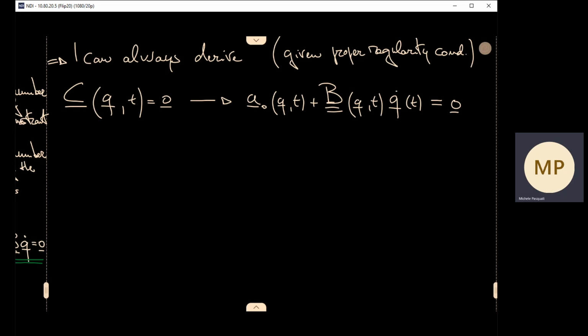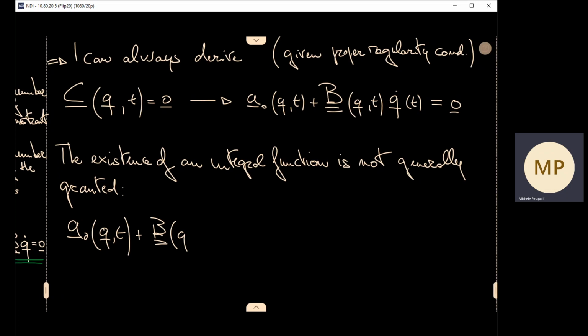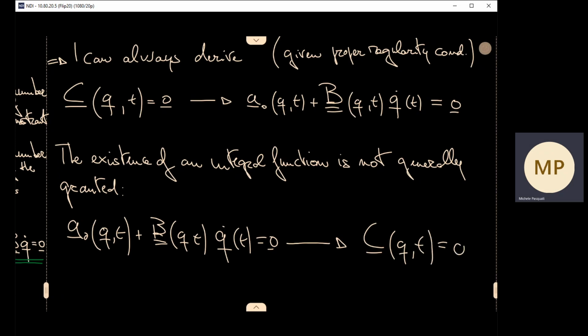The existence of an integral function instead is not always granted. Okay, meaning that I cannot pass back to where I wanted to be before. This is not always possible.